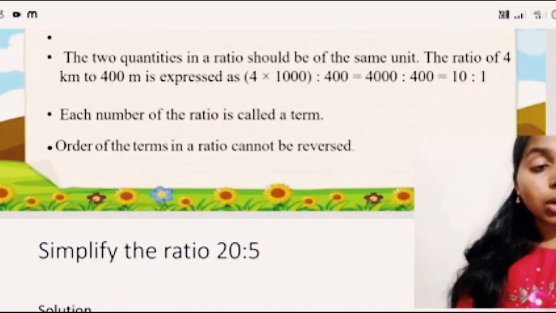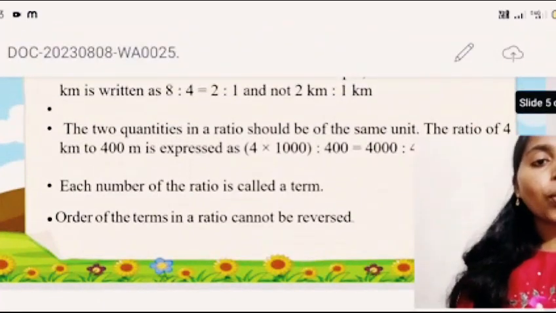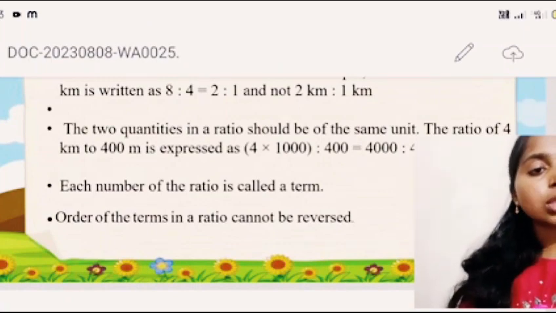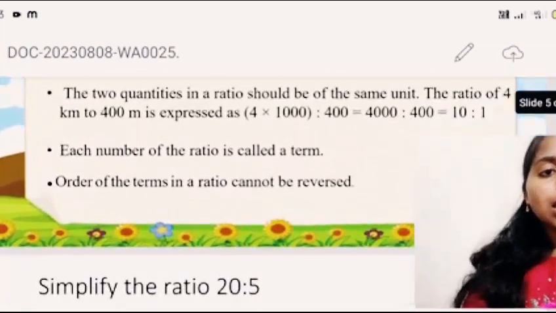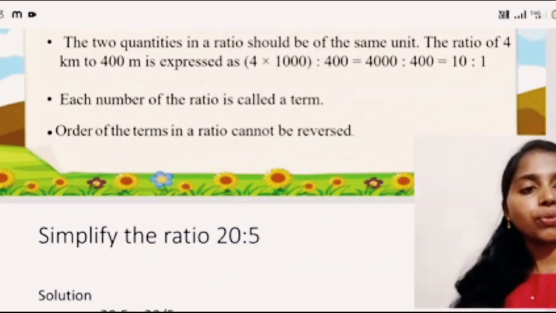1 kilometer is equal to 1000 meter. Then we can change that 4 kilometer into 4000 meter. Then we can write 4000 meter is to 400 meter. But we do not write the unit. 4000 is to 400.